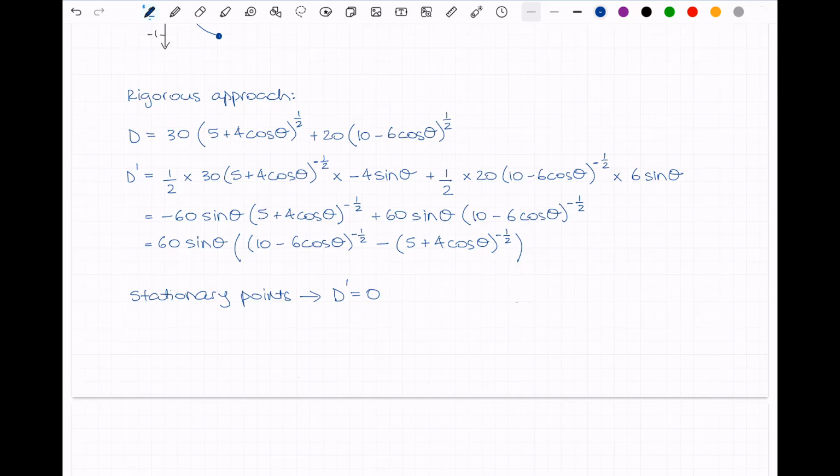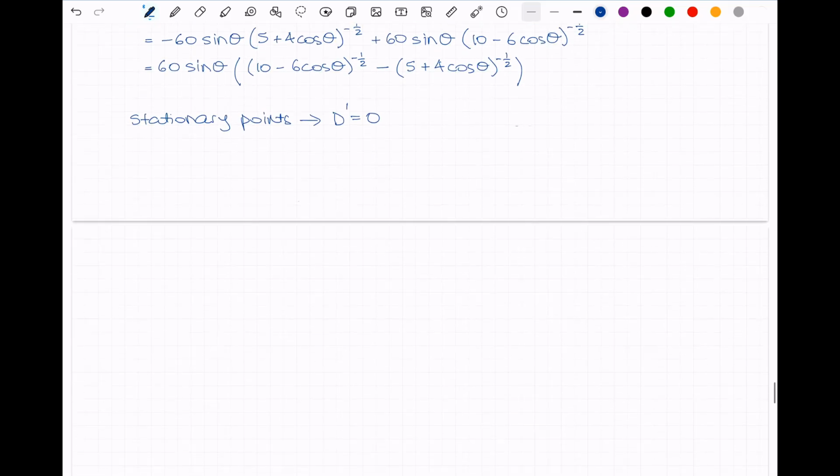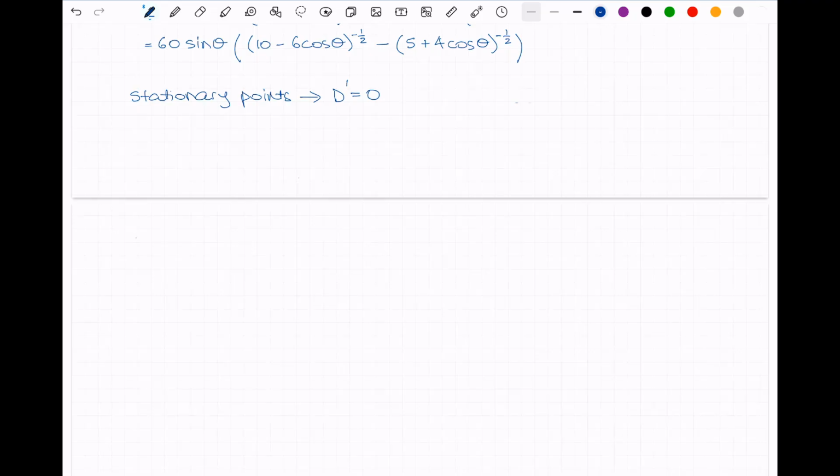So I might scroll down. So we'll say we want 60 sine theta times 10 minus 6 cos theta to the negative a half minus bracket 5 plus 4 cos theta to the negative a half.